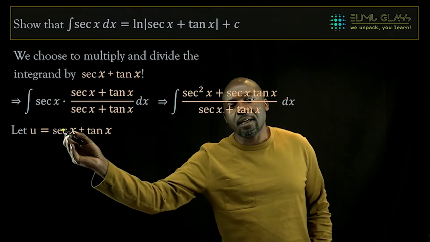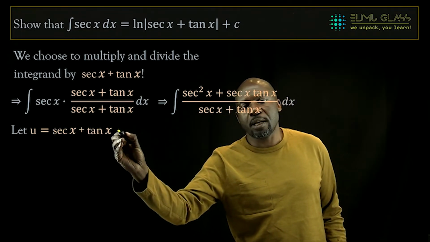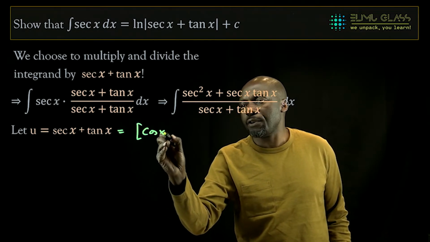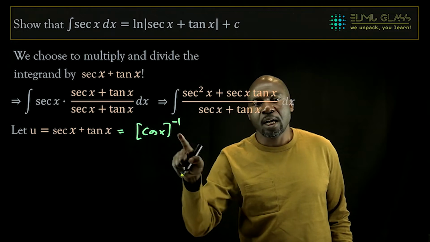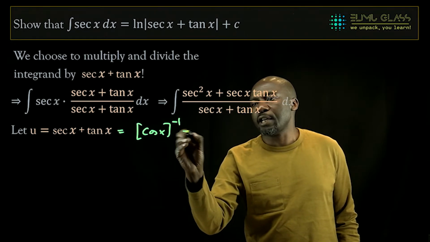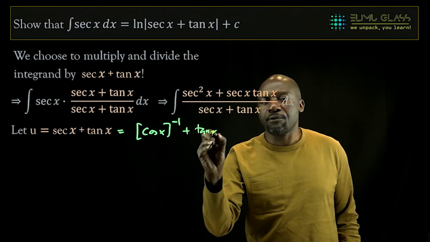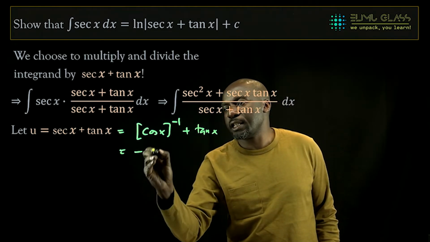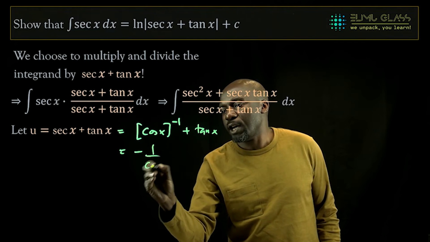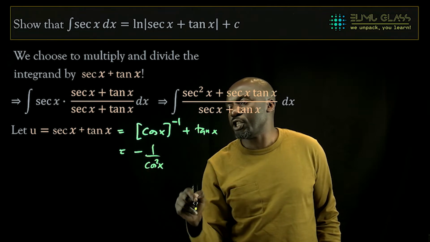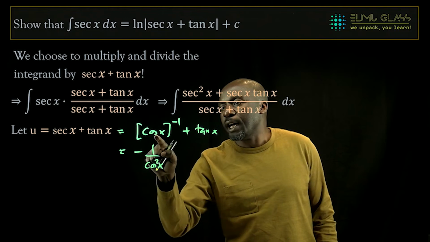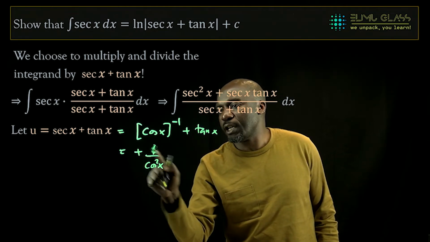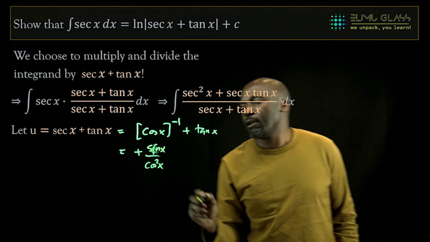We can see that sec is 1 over cos, so I can write cosine of x to the power -1, and tan I can leave as it is, tan of x. The derivative here: differentiate the outside, we get -1 over cosine squared of x. Differentiate the inside, we get a negative sign, so that makes this positive, and I can put sine of x, all right?